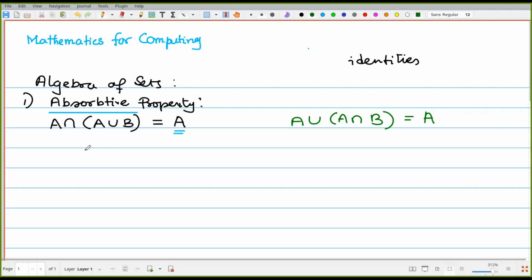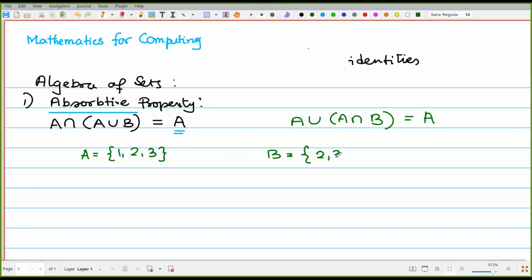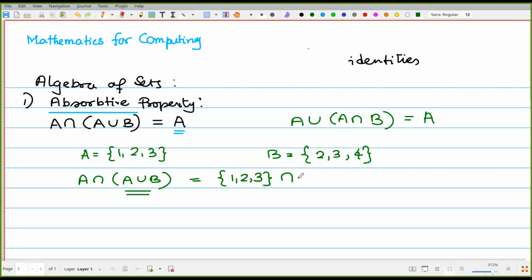Suppose we have A equal to {1, 2, 3}. Then B is equal to {2, 3, 4}. Let's check what is happening here. Now, A intersection (A union B). At first we proceed with A union B. That is {1, 2, 3} union {2, 3, 4}, which gives {1, 2, 3, 4}.